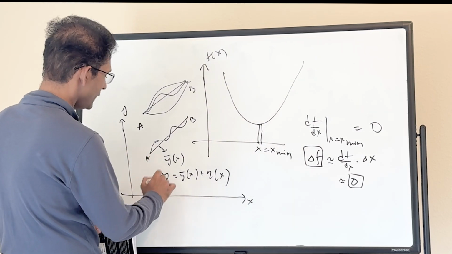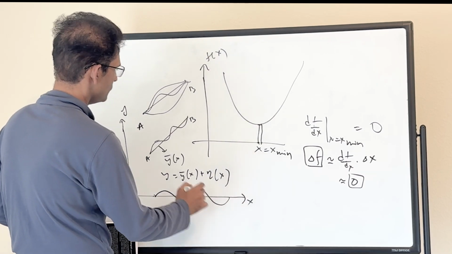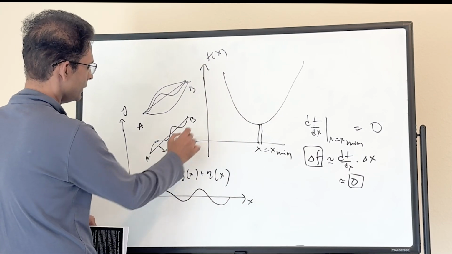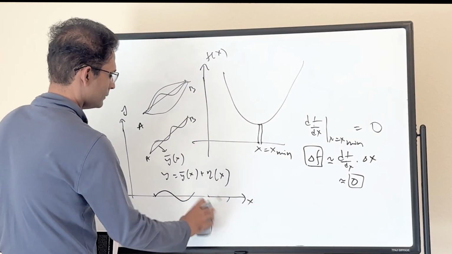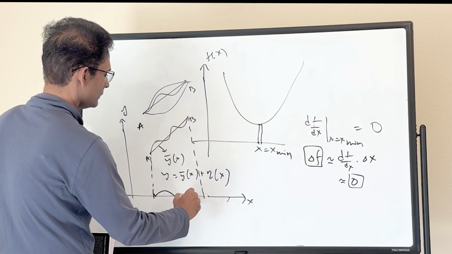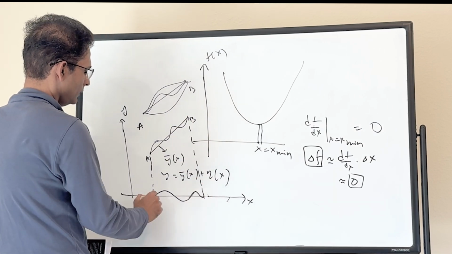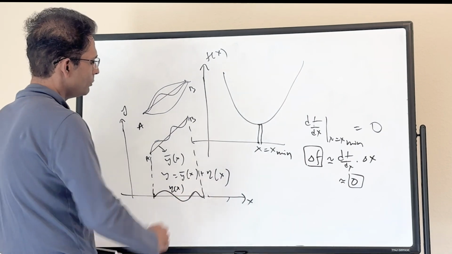So eta of x should look something like this, which vanishes at the 2 endpoints.